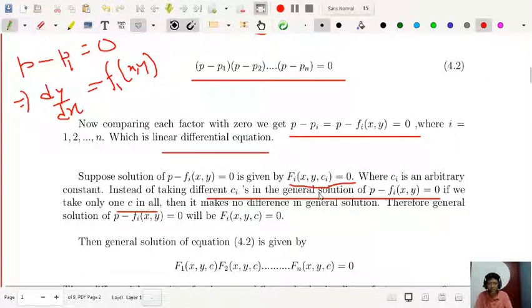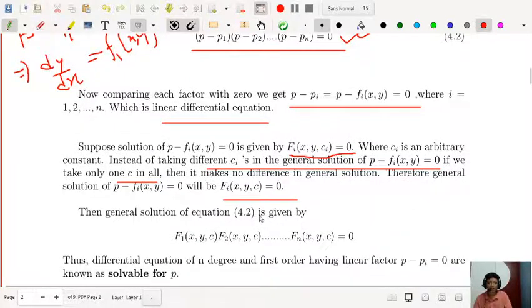Here you have n linear factors, and for each you could consider individual arbitrary constants, but we are considering only one c. Do not consider so many c's separately.